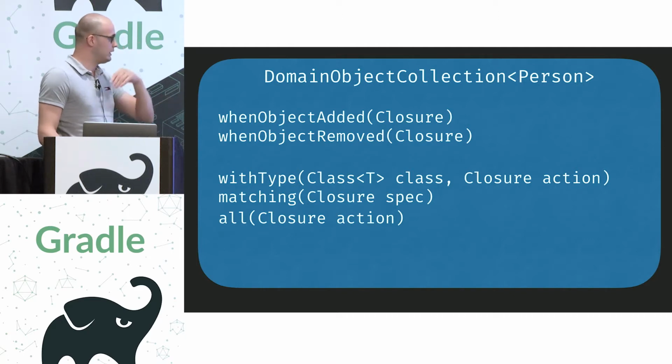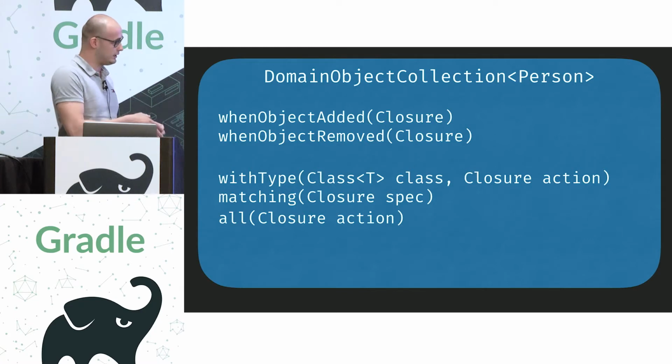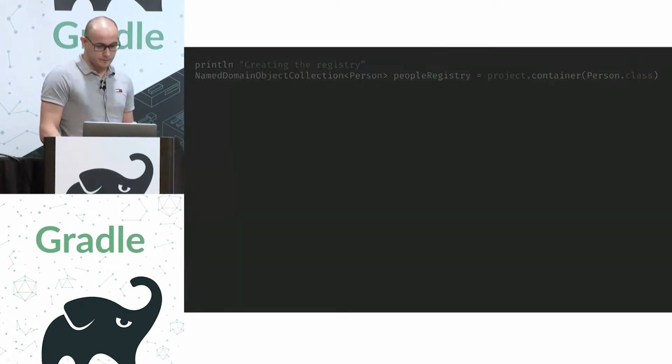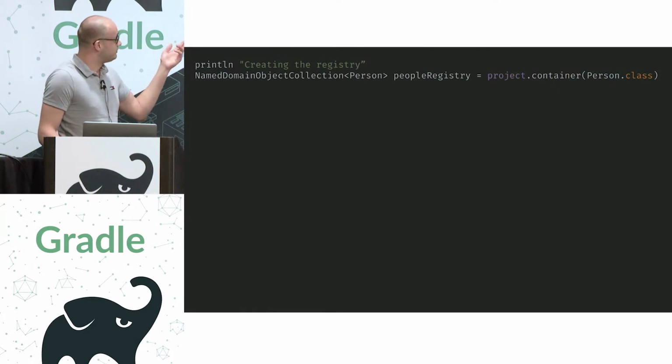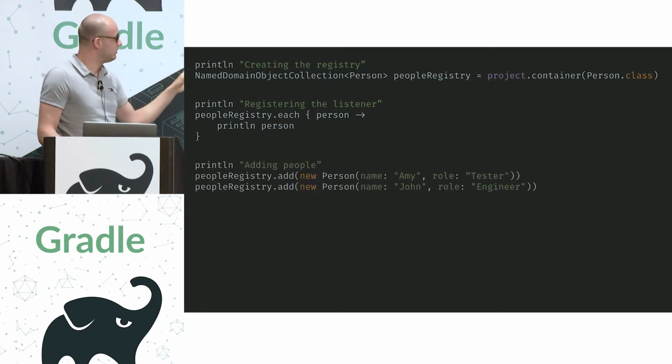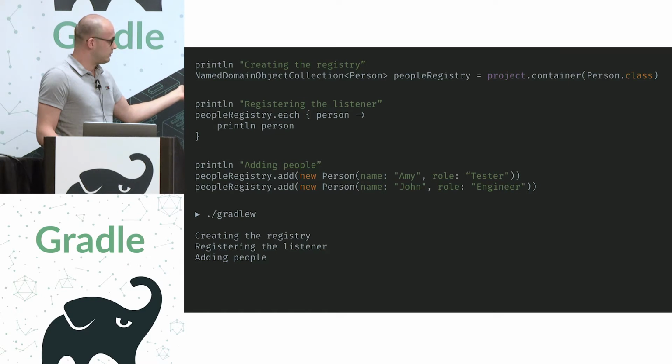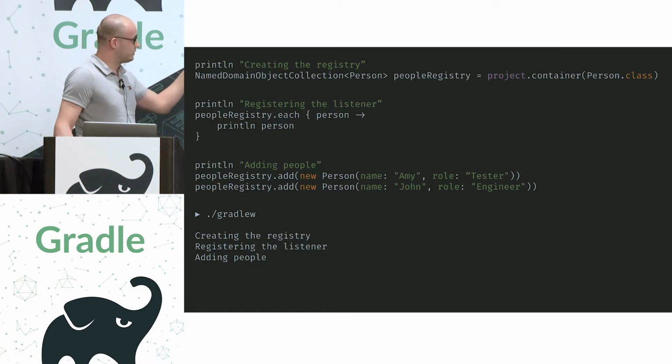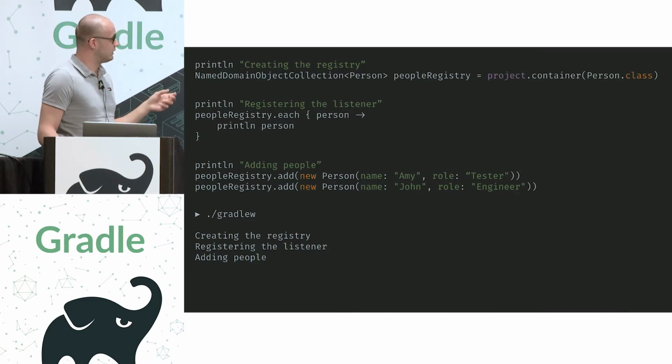And for all, it's a bit more obvious, but still, it's not like each that will get executed only for objects that are in the collection right now, but for all the objects that will ever be in the collection. So if we create the registry, register the listener, but notice that we used each, and each is a Groovy method on the collection, and then add people, then we won't get the callback fired because we used each, and this only iterates through people in the collection right now.